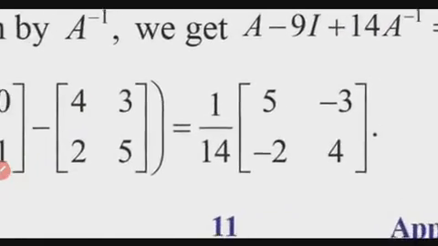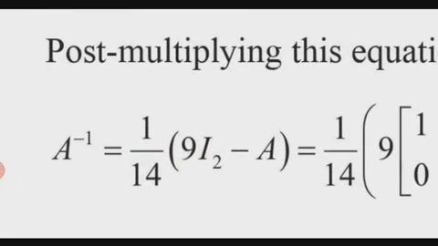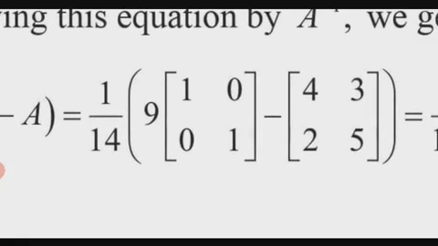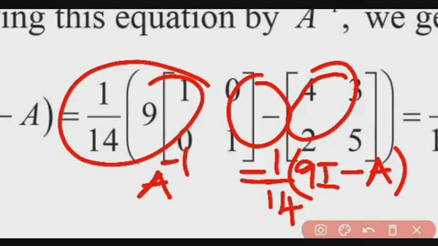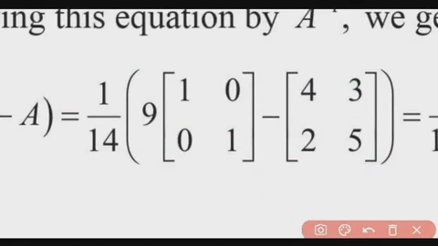Okay, so A inverse equal to 1 by 14 into 9I minus A. Substitute the values of A and 9I. 1 by 14 into 9 into the I value 1 0 0 1 minus the A value 4 3 2 5. So equal to 1 by 14 into 9I is 9 into 1, 9.